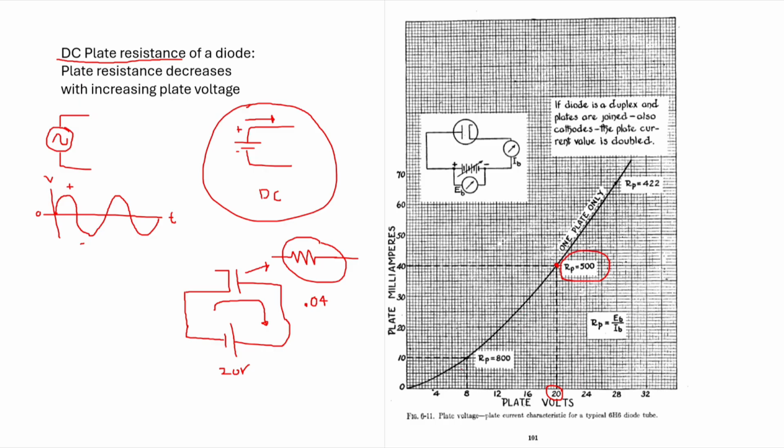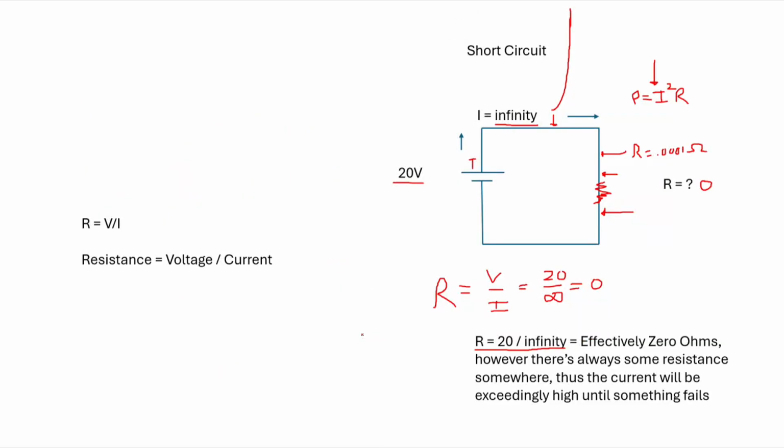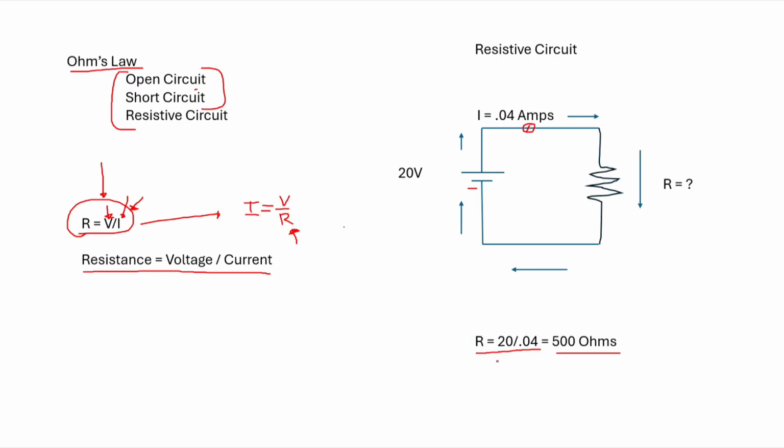Now on this plate characteristic curve, we've plotted these two other places. You can see it's pretty linear up here, but the slope kind of decreases down here. So here we've plotted 8 volts on the plate. We've gotten 10 milliamps out, and you can run the numbers: R equals voltage divided by current.